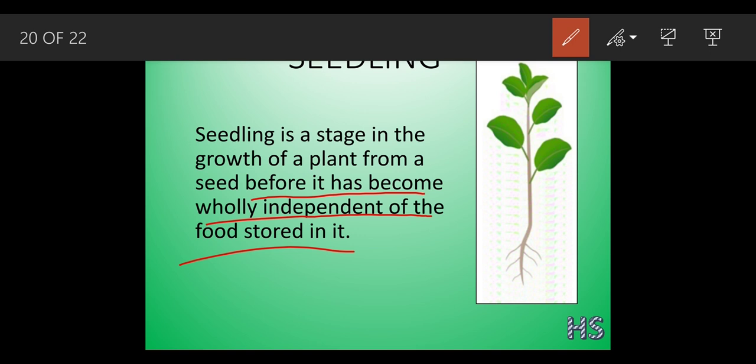What does this line mean? Now this seed has developed into a plant, and it has the proper amount of leaves. Now it does not have to take the help of the endosperm for nourishment. Now this plant can manufacture its own food with the help of the leaves, because we know photosynthesis occurs in the leaf. The leaf takes up the sunlight, and then the photoreaction happens inside this leaf, and this is how they can make their own food.